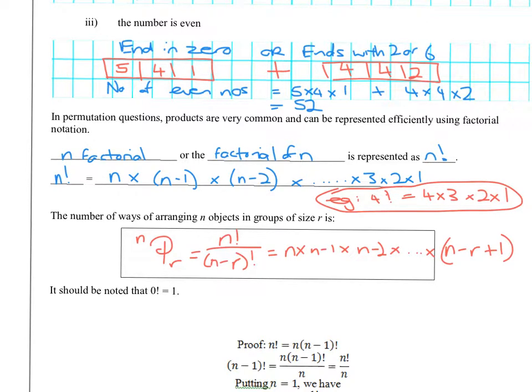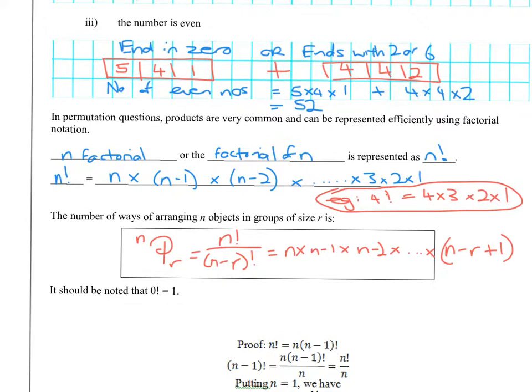Alright, that's what that will actually give you, because if you think about it, you don't have to write this down, but n primed is n times n take 1 times n take 2 all the way down to 3 times 2 times 1, and n take r prime. So say if r equaled 2, that would be n take 2 times n take 1 times all the way down to 3 times 2 times 1.